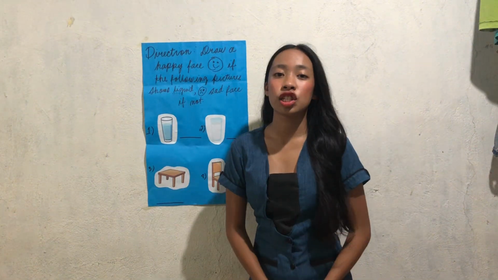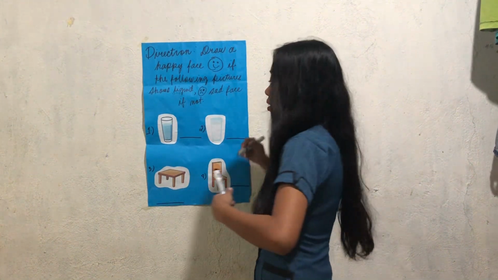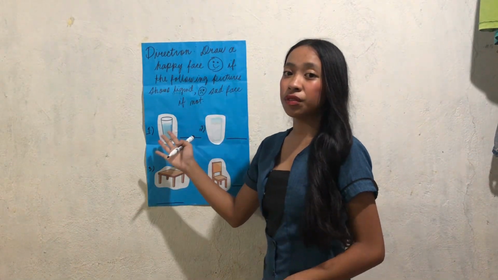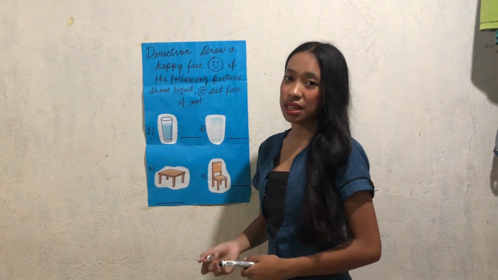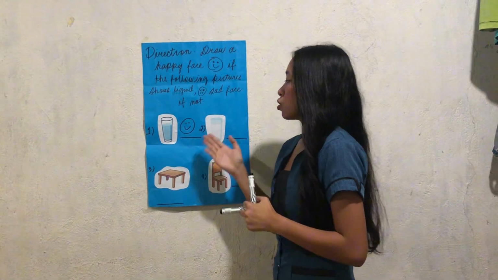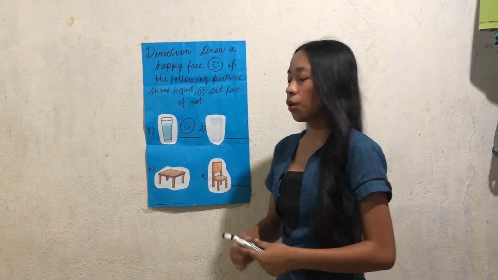So who can answer number 1? Okay, you go here in front. Number 1 is water. Is it a sad face or happy face? It is a happy face. Number 2, a milk. Who can answer number 2? Okay, go.